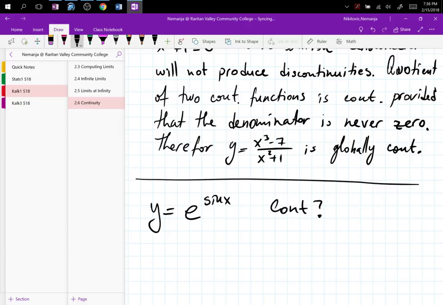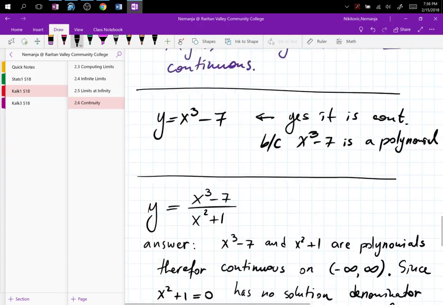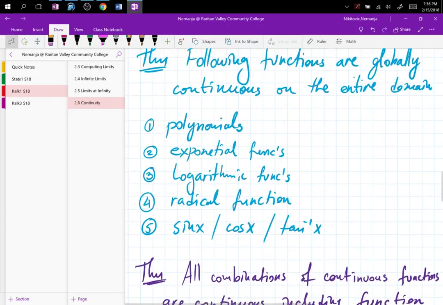Well, I start by stating that both e to the x and sine x are globally continuous. This statement is your theorem in light blue. Here is your e to the x, and here is your sine x. So you have to learn that theorem, the list of all continuous functions.